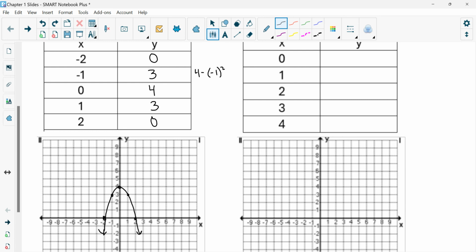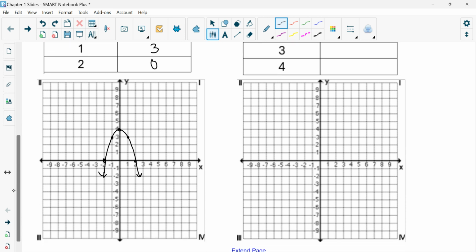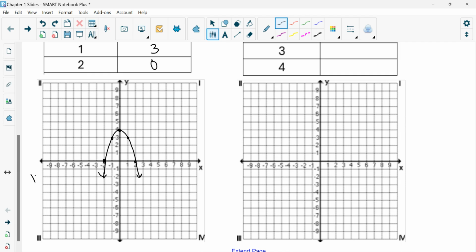One of the things we are going to talk about in this lesson today are the x and y intercepts. So, what do x-intercepts mean again? We haven't really talked about that this year, but I know you talked about them before.